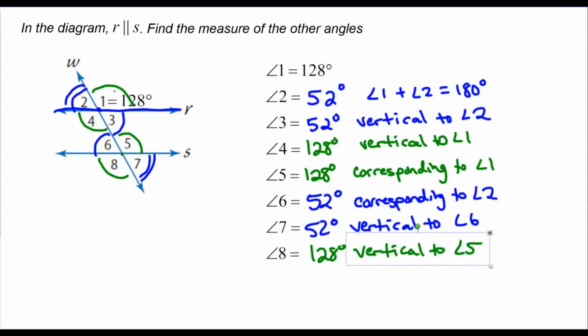And it's an alternate exterior angle with angle 1. So lots of ways to prove a certain measure when we've got parallel lines cut by a transversal. Essentially, there are really only 2 angle measures when you've got parallel lines cut by a transversal. It's either going to be congruent to that or it's going to be supplementary to that. And that's what we're talking about today, these special angle relationships.